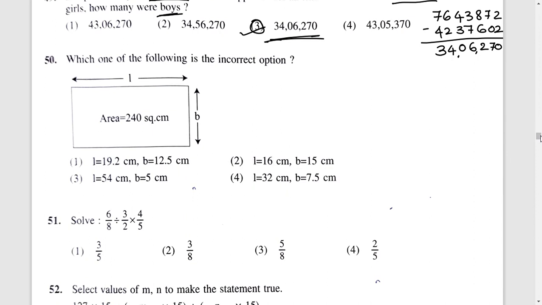Question number 50. Which one of the following is the incorrect option? They have not given length, they have not given breadth, but the area they have given. And options are like this. So what you do, you multiply these two numbers. Then you will get the area. Area of rectangle is length into breadth. So 19.2 into 12.5.